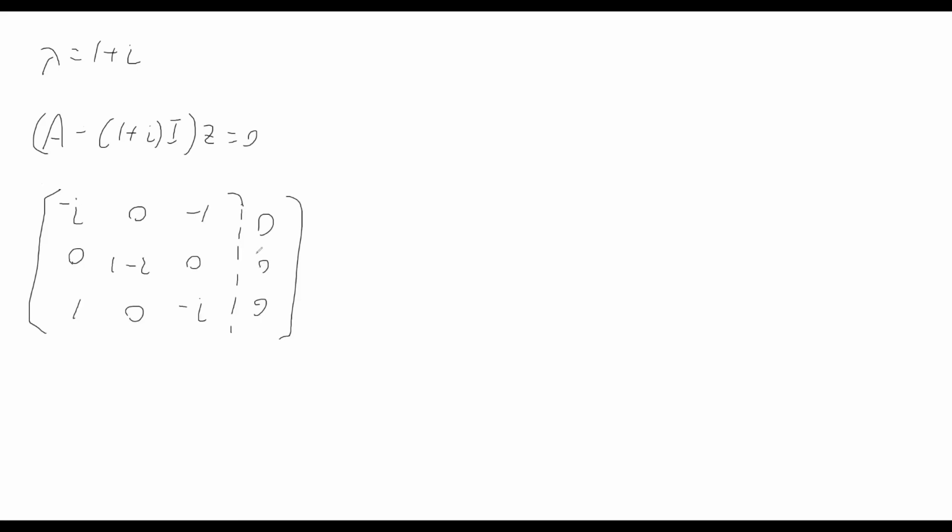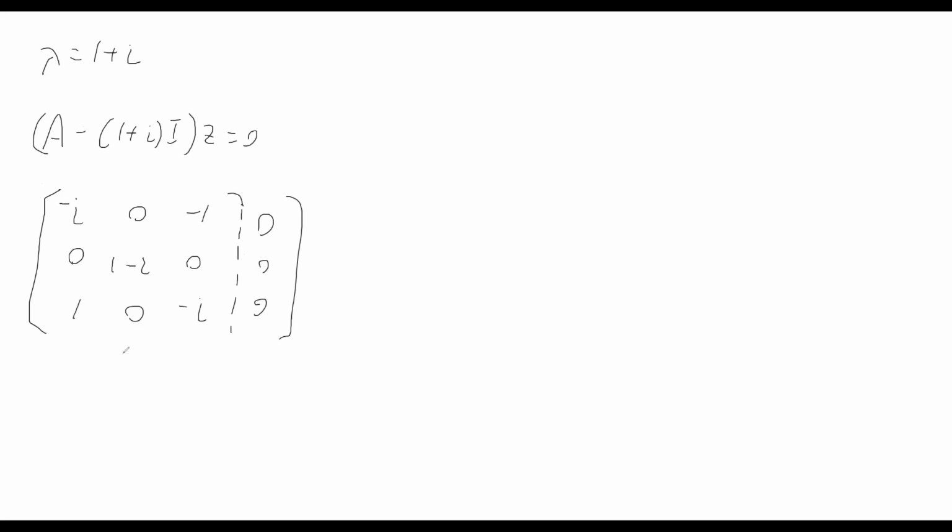All right, now next for lambda, our first complex, lambda is 1 plus i, so we want to find the matrix A minus 1 plus i times the identity, equal to 0, and here it is. All right, so we're gonna do something similar, trying to solve this.